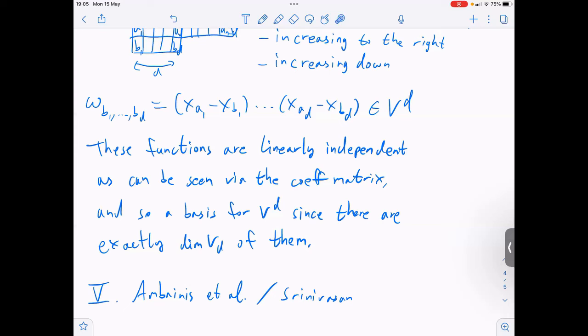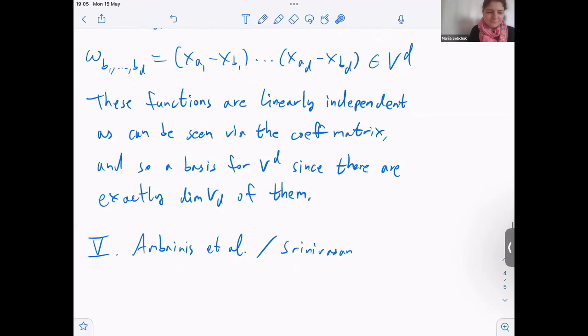Yeah, so let's say we want to find an orthogonal basis for VD, and we have a basis for VD. So what is a way to get an orthogonal basis from a basis? Gram-Schmidt. Right, Gram-Schmidt.